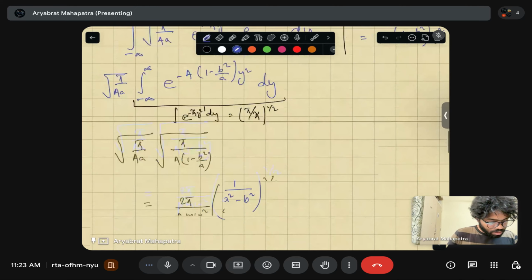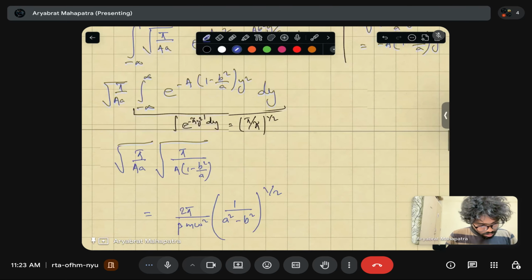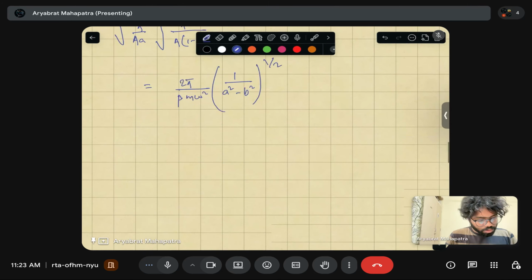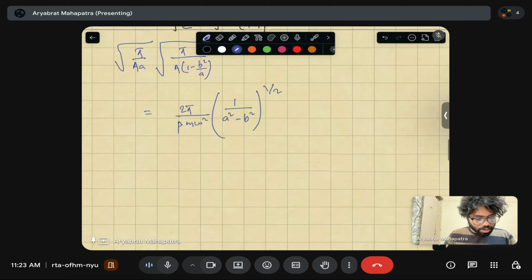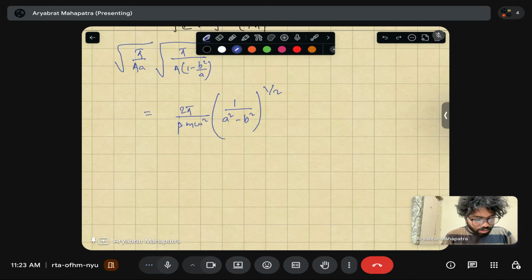Okay, so this is what the integral for your position, the position integral will give you.